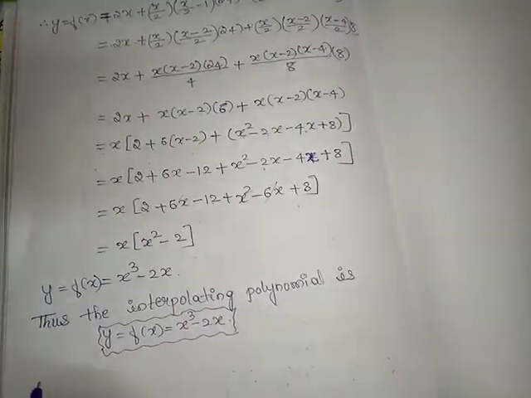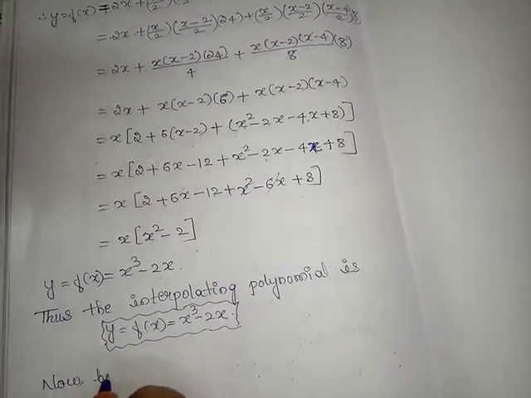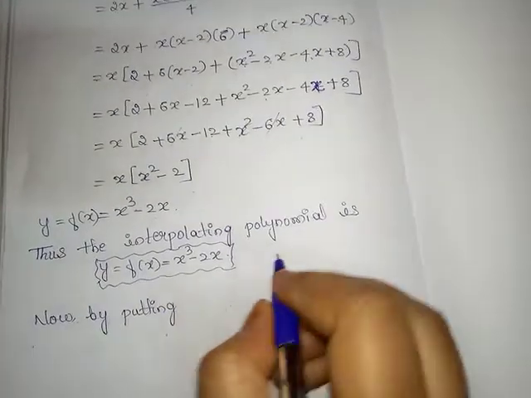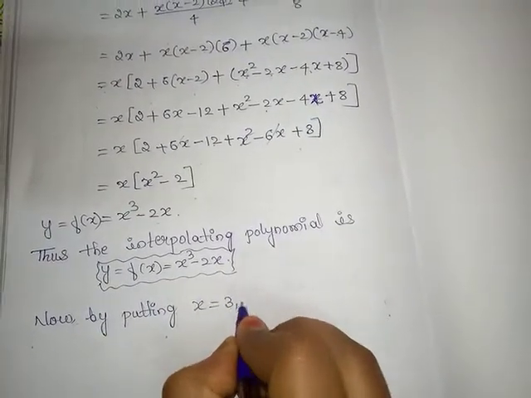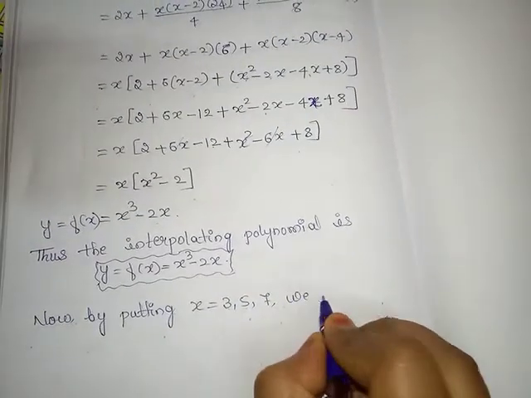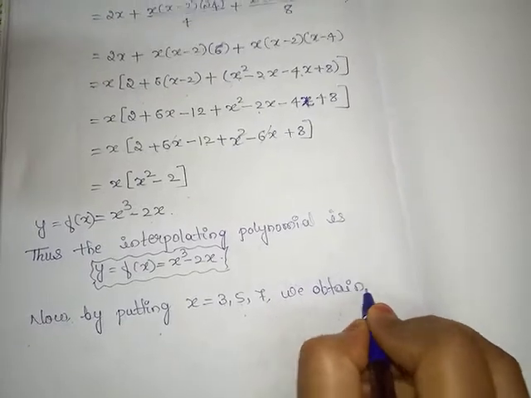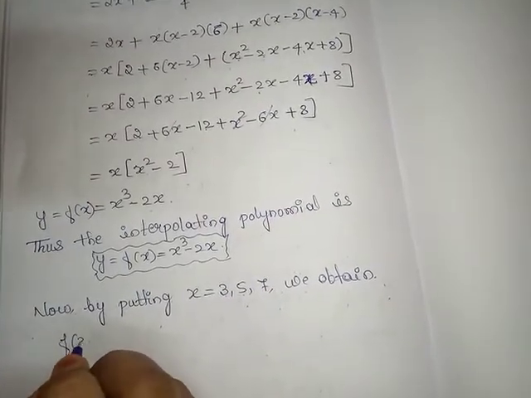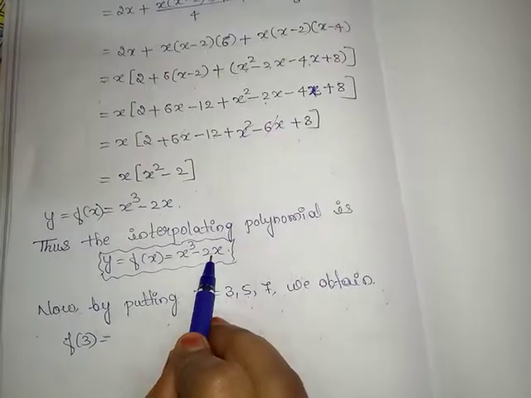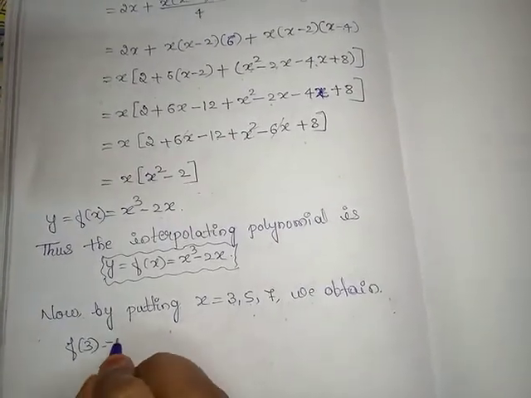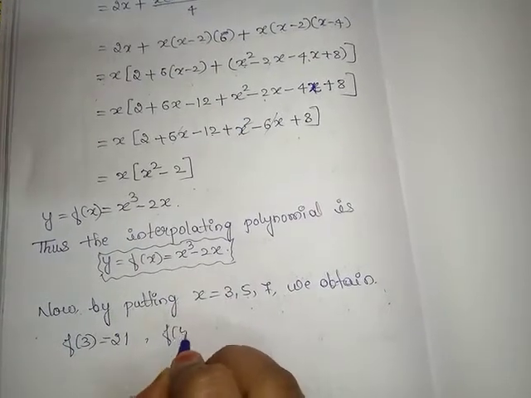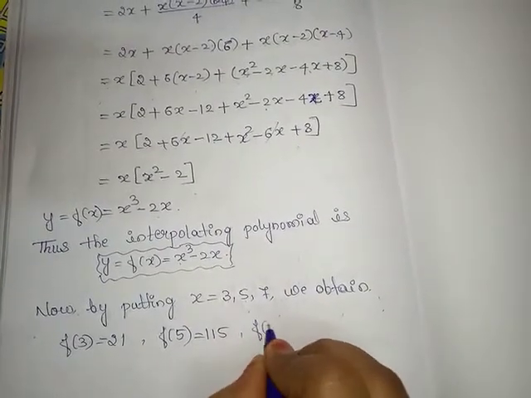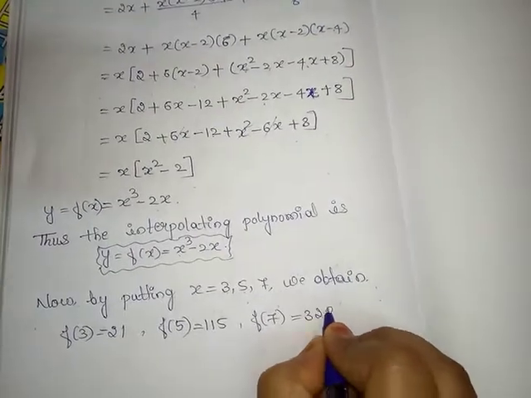Okay, next, now by putting x is equal to 3, 5, 7, we obtain what? f of 3 is equal to, just substitute 3 in this polynomial. f of 3 is 21 and f of 5 is equal to, just replace x by 5, we get f of 5 is equal to 115 and f of 7 is equal to 329.